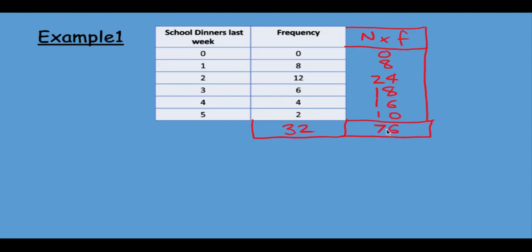So that tells us there were 76 meals in total, eaten by 32 people. So we want to find the mean. We've got 76 divided by 32.